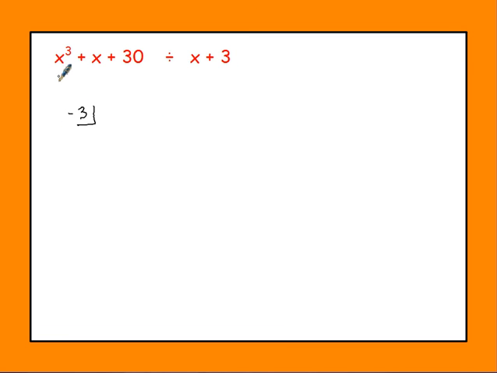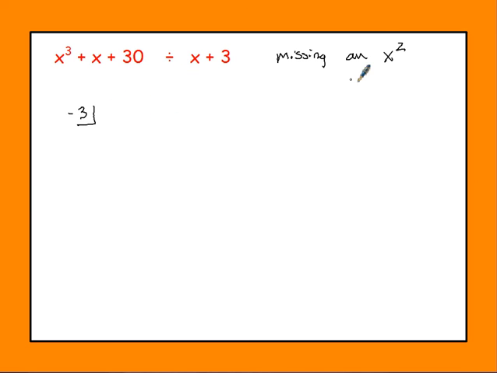Now, this one's a little tricky. I don't know if you noticed, but your equation was x cubed, and then it jumps to an x. So what does that mean? That means I'm missing an x squared. So when I write my coefficients, do not just go 1, 1, 30, because remember, they have to be in order.